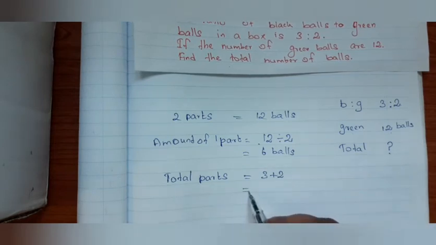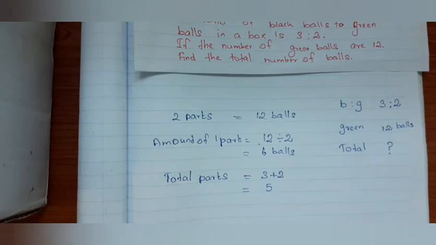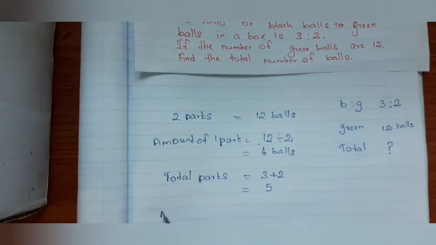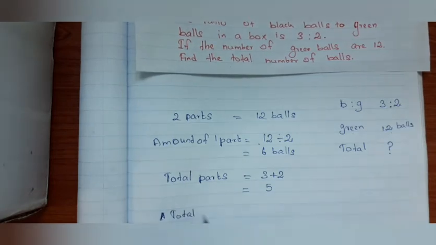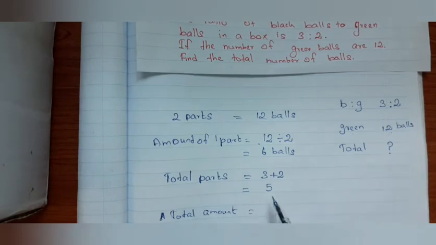Total ratio, that means you have to add the terms of the ratio, which is 5. So total amount will be 5. 1 contains 6, so 5 contains 5 times 6, which is 30 balls.